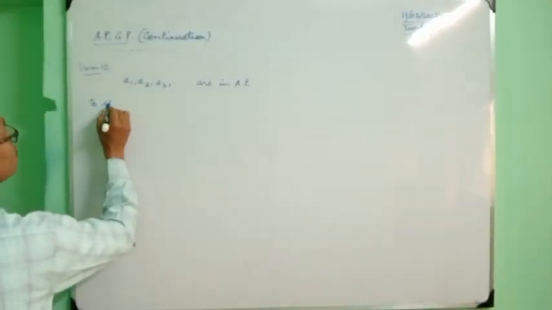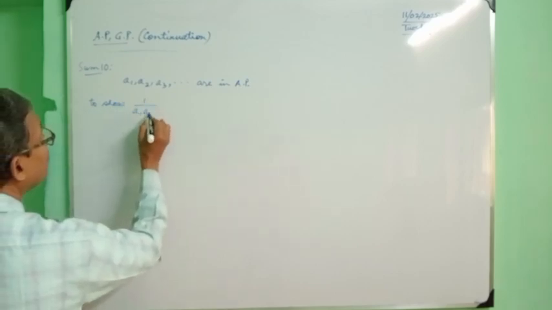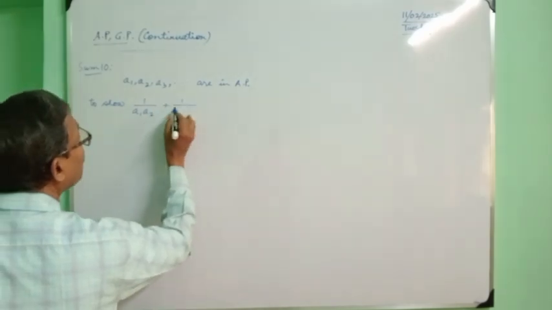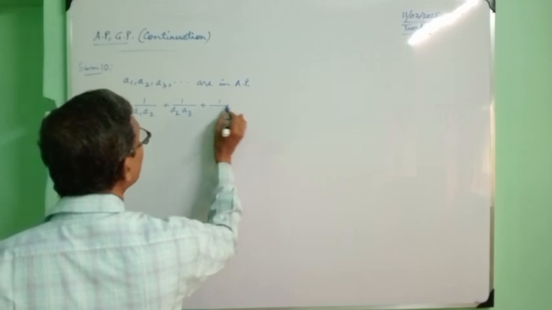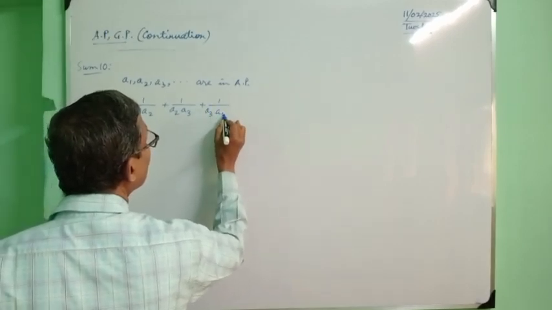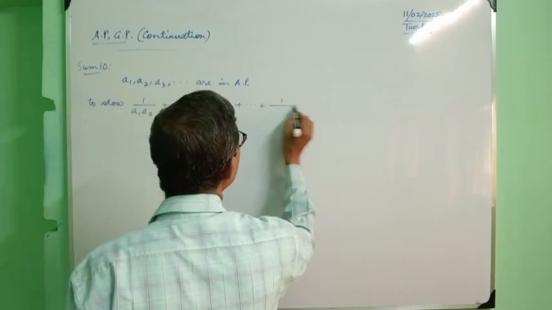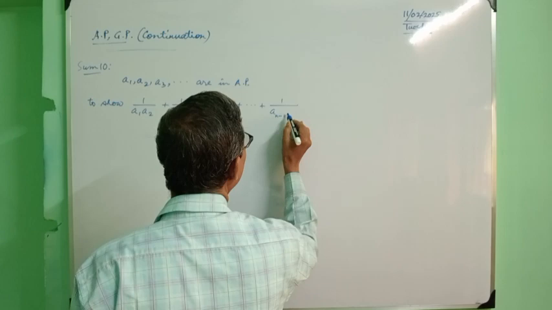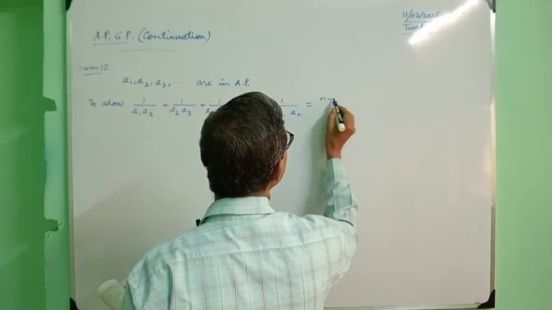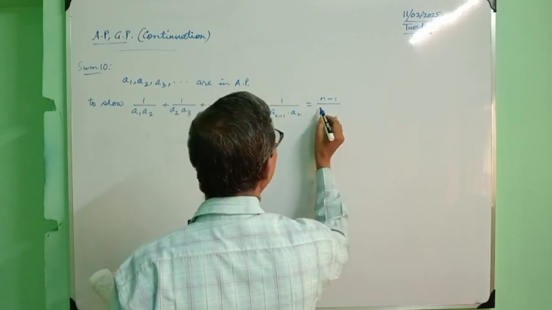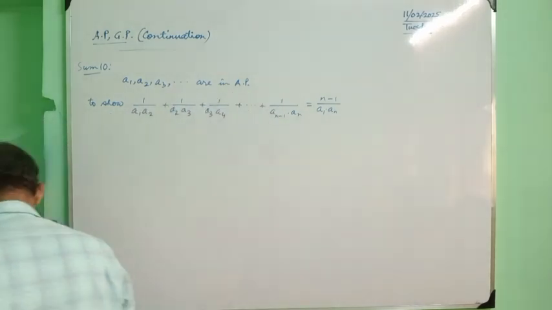Just I write to show 1 by A1 A2 plus 1 by A2 A3 and so on up to 1 by A(n minus 1) AN, this is the division.